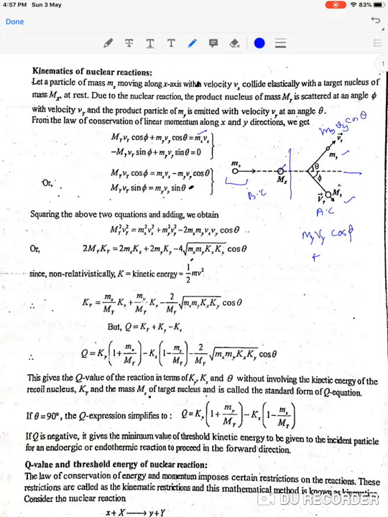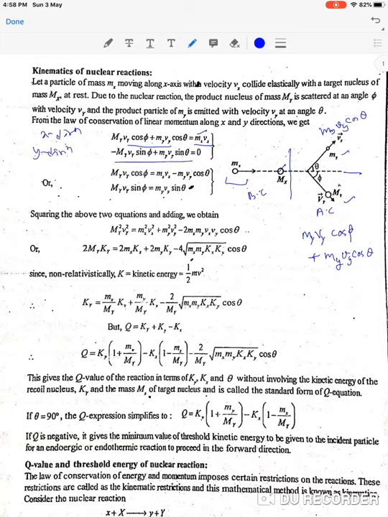So the total momentum after the collision is m_y v_y cos phi plus M_Y V_Y cos theta. By conservation of linear momentum, we can write the linear momentum equation for the x direction.